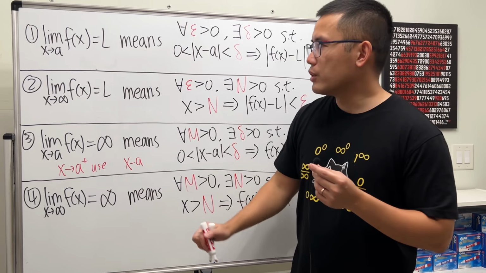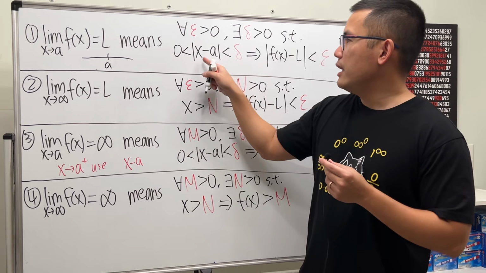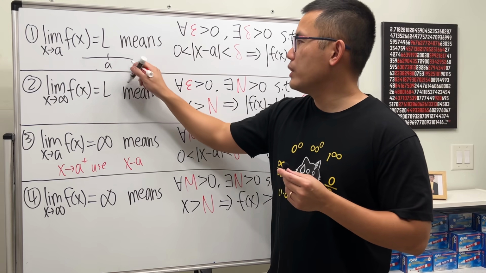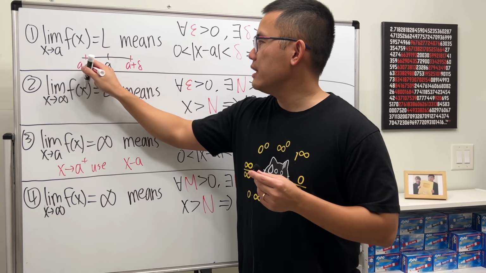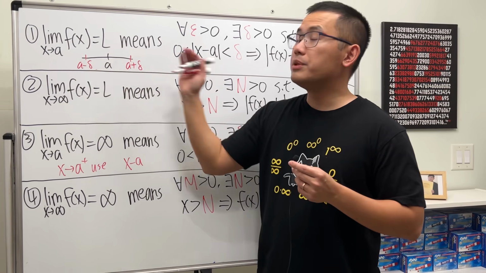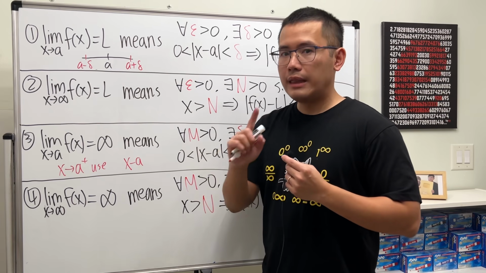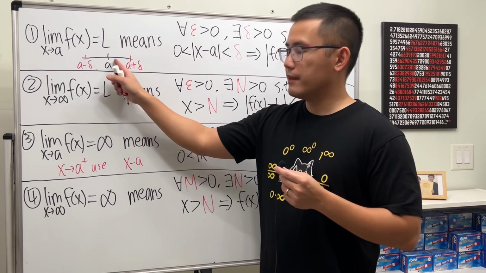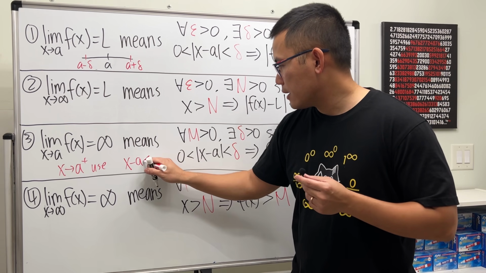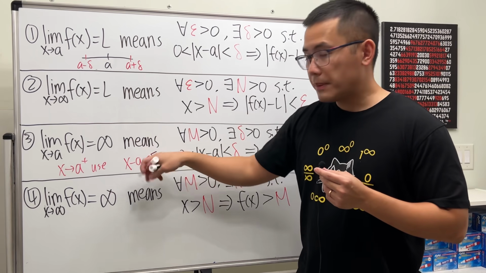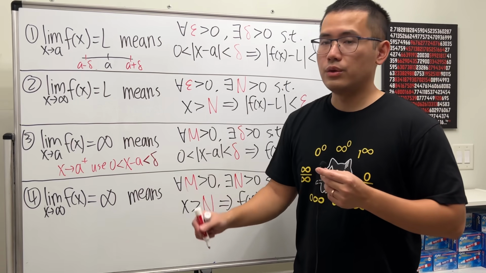If you think about what we did earlier, A is right here, and x minus A is less than delta, so this is A plus delta, and this is A minus delta, and x is anything between. But when we have this, we just have the right hand side. That means x minus A is going to be less than delta. No absolute value, just one side. Also, make sure that this is greater than 0 without the absolute value.